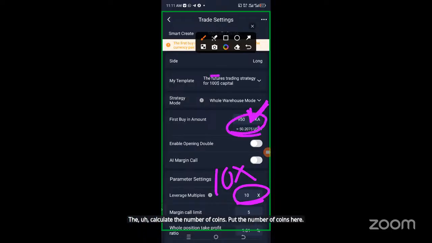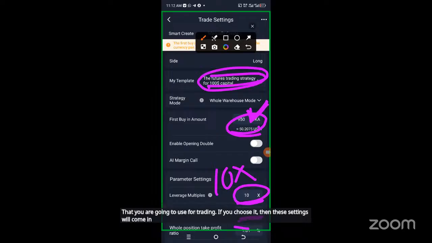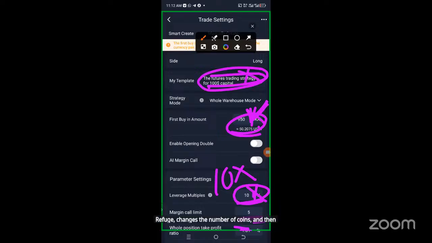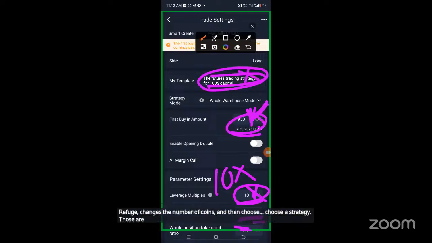Choose a strategy that you are going to use for trading. If you choose it, then your settings will come in. You just need to change this average, change the number of coins, and then choose a strategy. Those are the 3 things that will change.